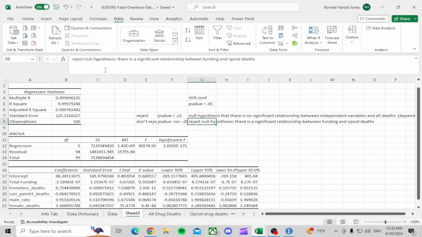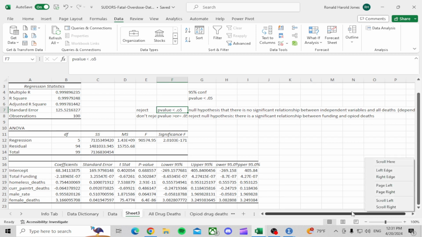And we'll reject that null hypothesis if our p-value is less than 0.05, because that's 5%, which is within our confidence interval. So basically, there's a significant relationship if your p-value is under 0.05.